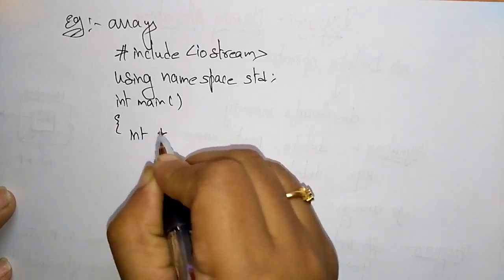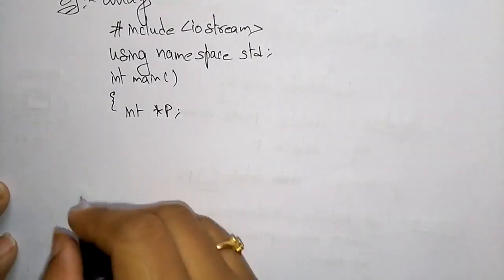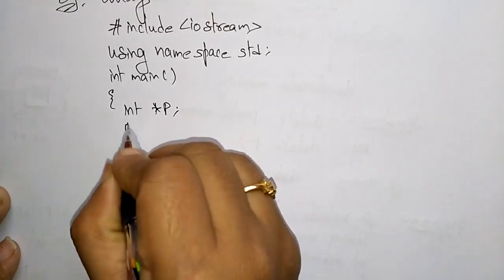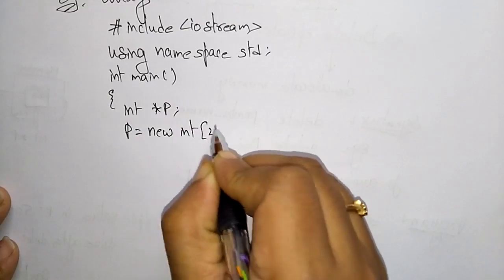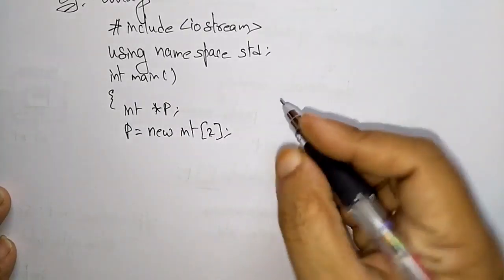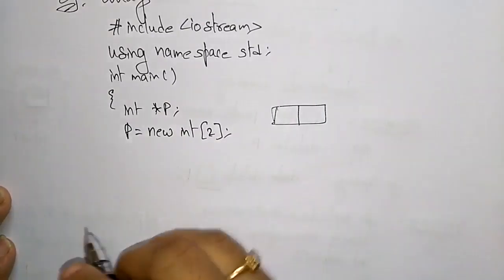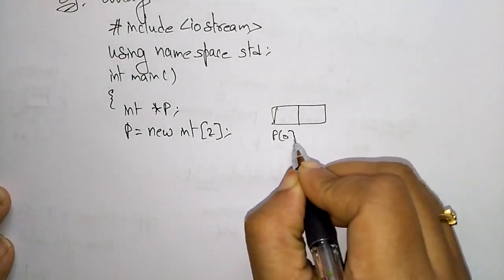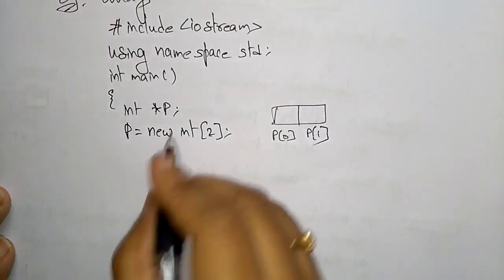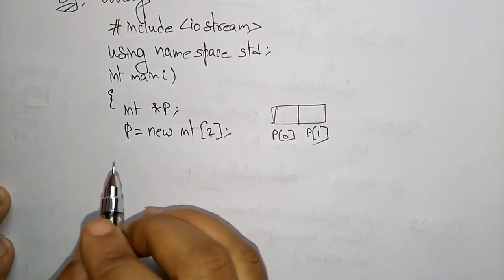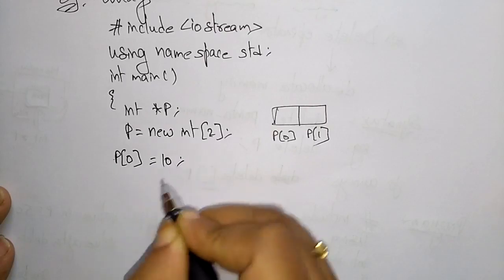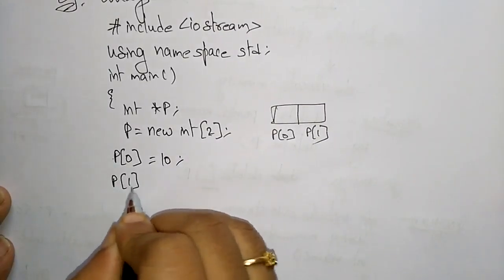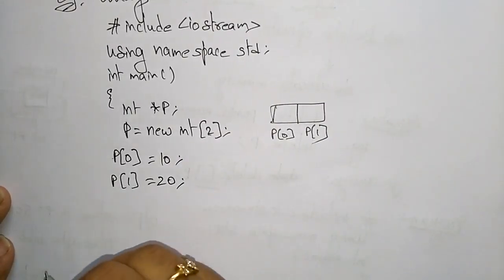First create the pointer variable. That pointer allocates memory for an array of 2, so only 2 memory locations will be allocated, that is p[0] and p[1]. Then I enter the values: p[0] is 10, p[1] is 20.